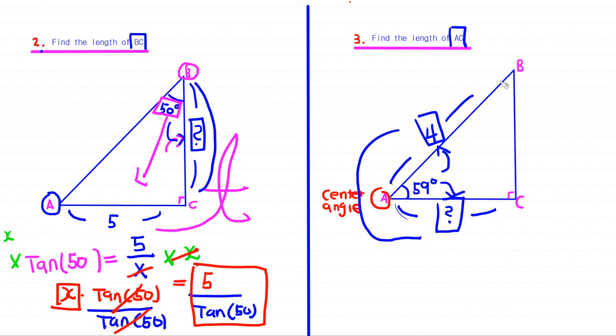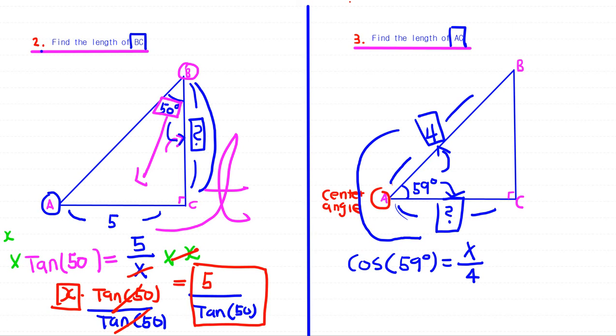That means we can make an equation and solve for AC. In this case, it was cosine. So the equation is cosine of theta, which we input as 59 degrees, this is the center angle, is equal to the adjacent side, which I will just call x, over the hypotenuse, which is 4.